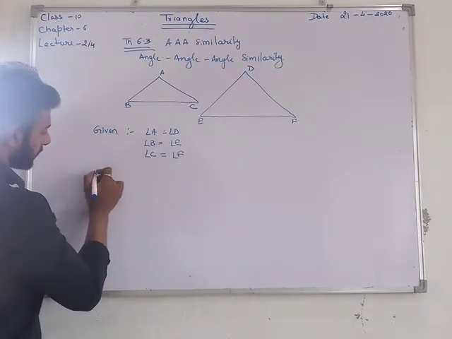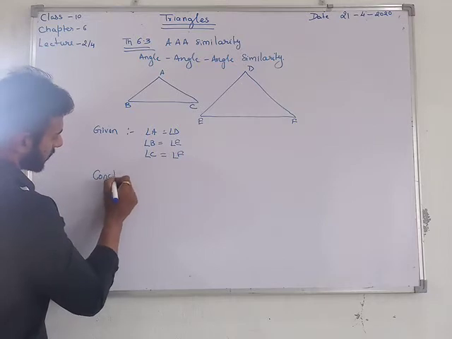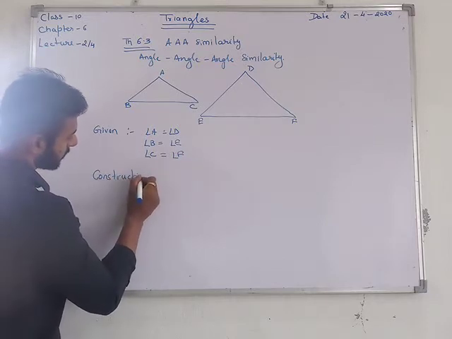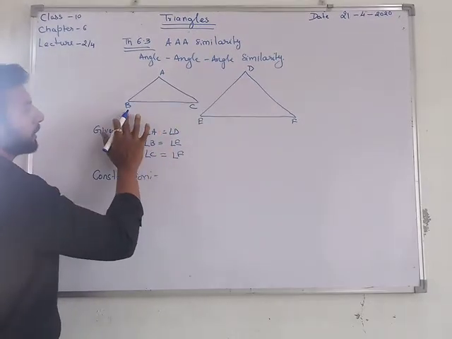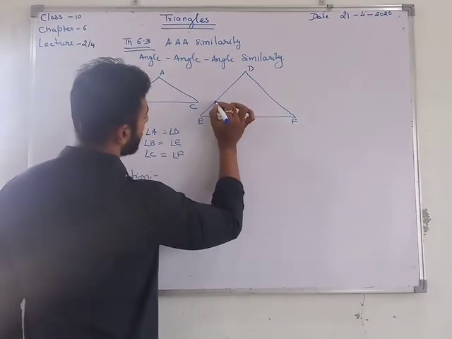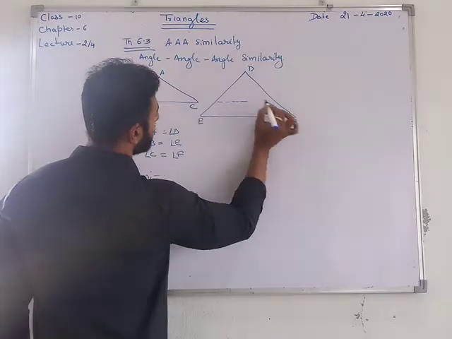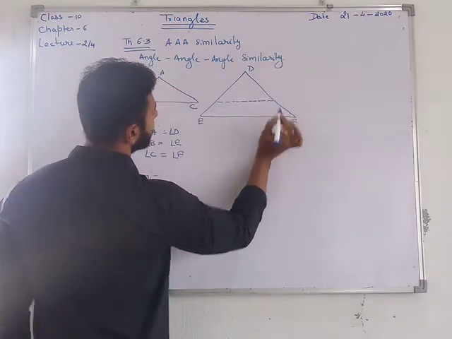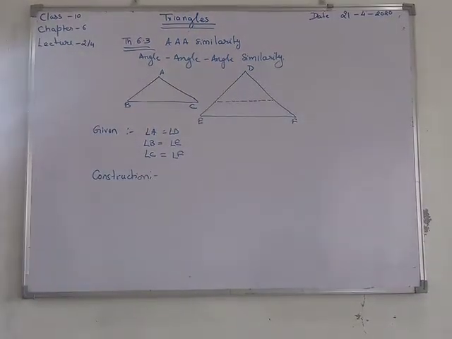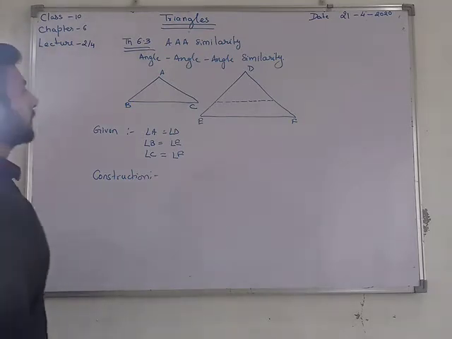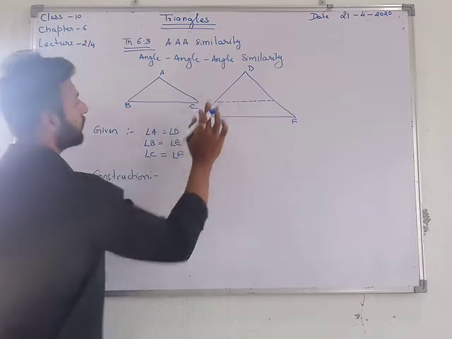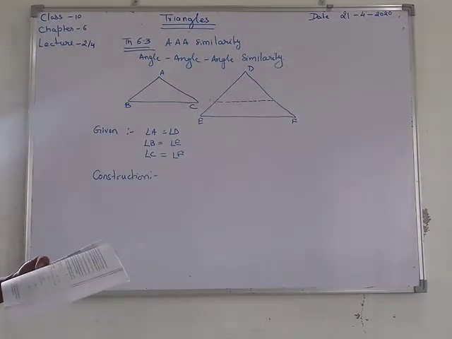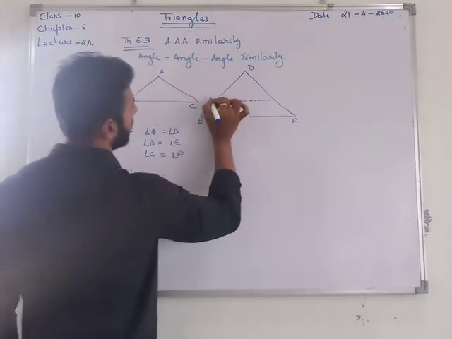What is the construction? We are drawing a line parallel to EF, measuring equal to BC, named PQ.